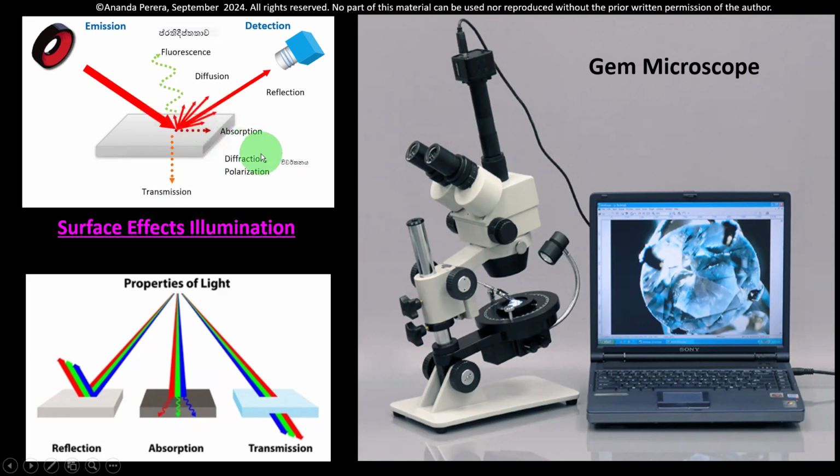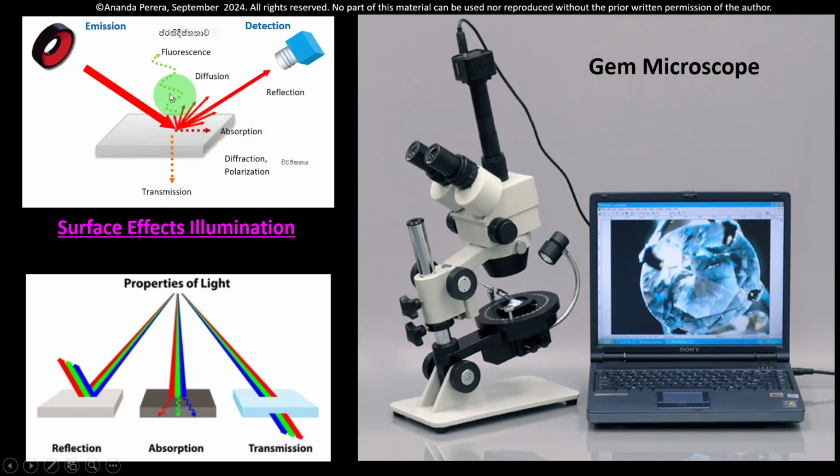Here we are learning some emission and detection. Look at the word emission. The light comes, then some light will transmit inside the material. Some will absorb inside the material.